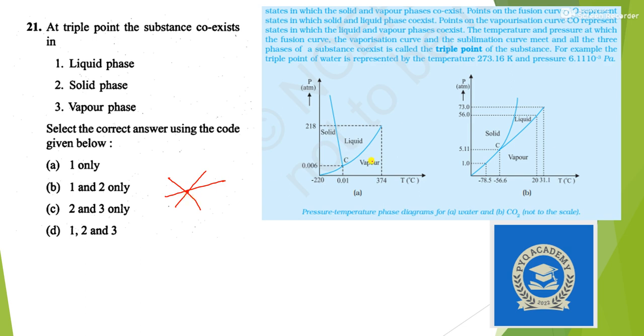You can see here the pressure, temperature and phase diagram of water, where all three are touching at a point, and this point is known as the triple point. So you can guess that there should be at least 3 phases, and so the answer is option D, 1, 2, 3. Triple point is a point where liquid phase, solid phase and vapor phase touch each other.